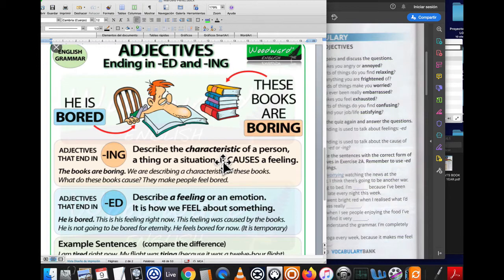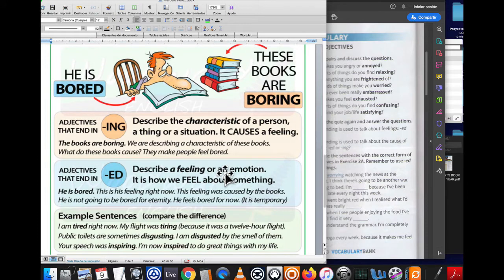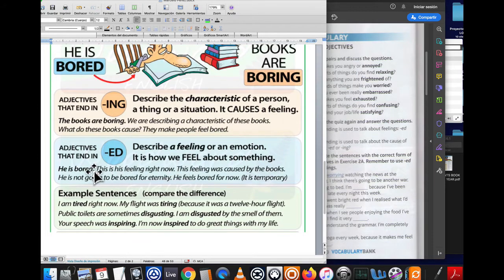The books are boring. We are describing the characteristics of these books. What do these books cause? They make people feel bored. Adjectives that end in ed describe the feeling or the emotion that the person is experiencing. So he is bored because the book is boring.